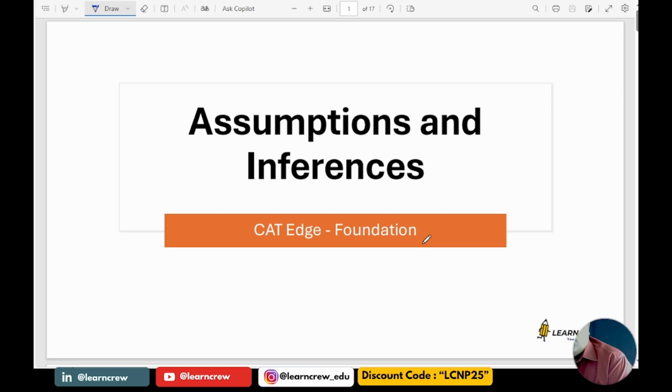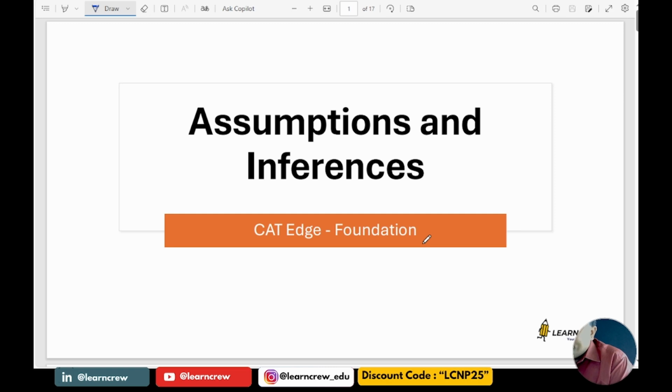The store is closed because it's a holiday. It is an assumption because it is an unstated premise. Another example: Suresh is shivering. What can be assumed? He is suffering from cold. Like that, these are the assumptions.